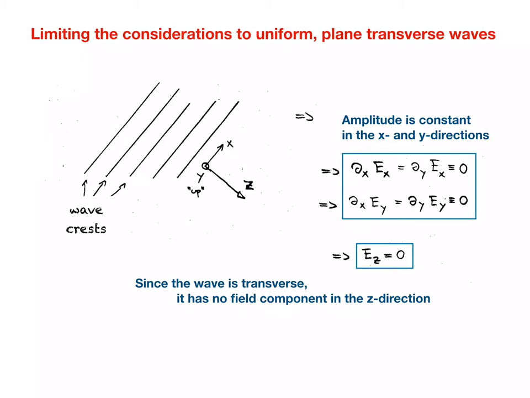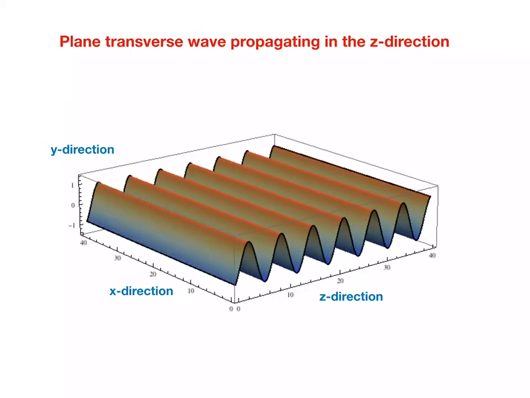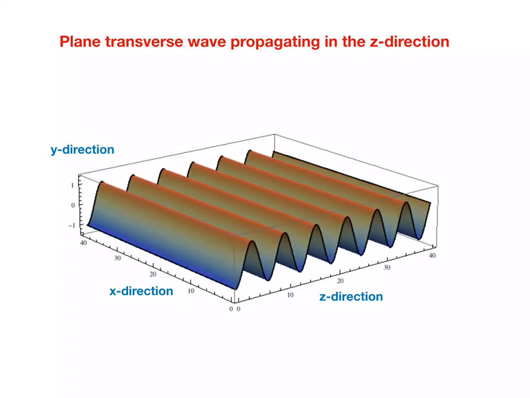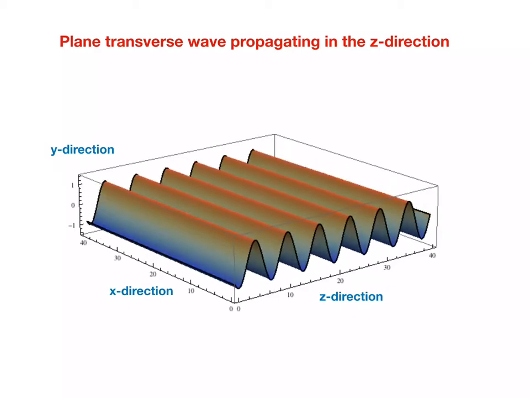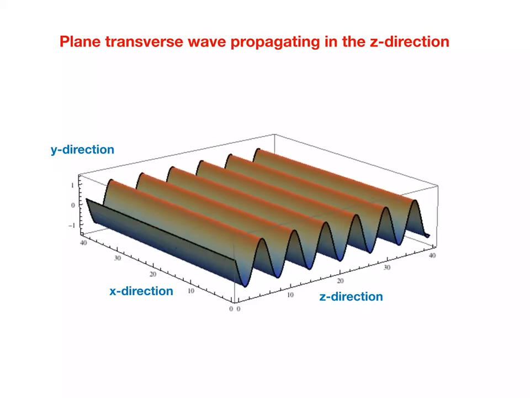Furthermore, because it propagates in this direction, the wave has no field component in the z direction. Ez equals 0. Such a uniform plane transverse wave propagating in the z direction is visualized here. For any given point in time, the field strength is constant in the x direction and in the y direction. It only changes in the z direction.